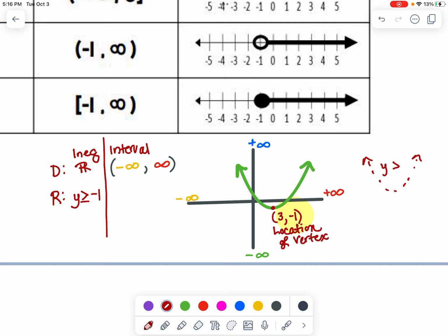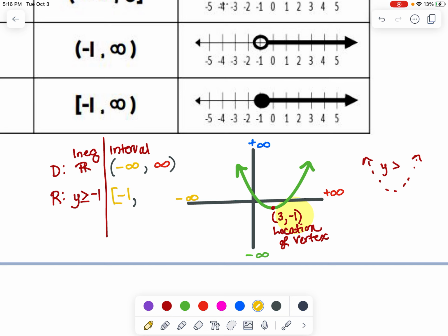So how do we write that in interval notation? So glad you asked. The lowest this goes, we're always going to list lowest to highest, least to greatest. So the lowest is going to be that -1, so I'm going to put -1 first, and then my infinity sign. -1 is included, so it gets a bracket.